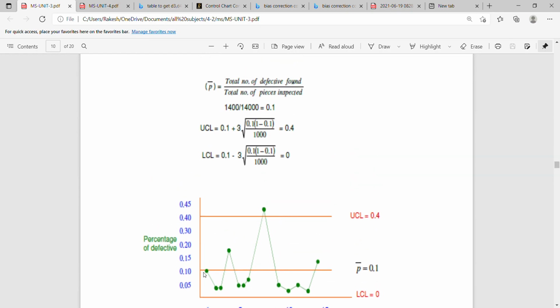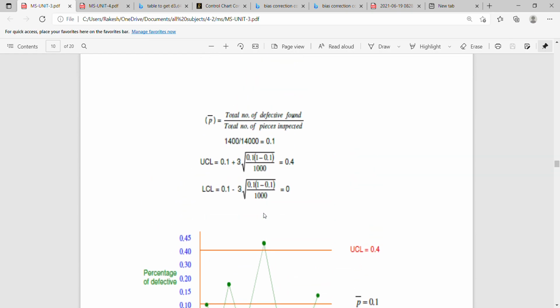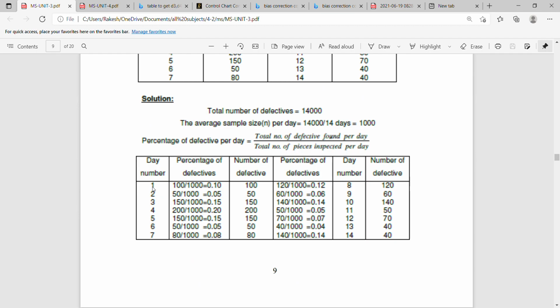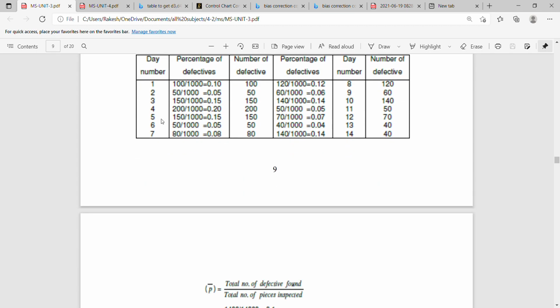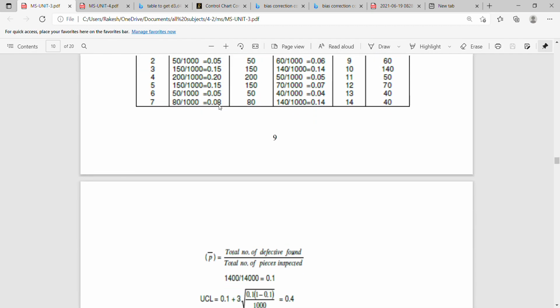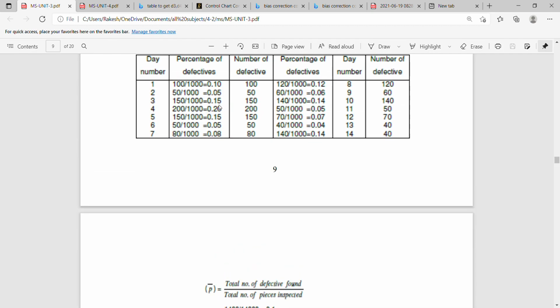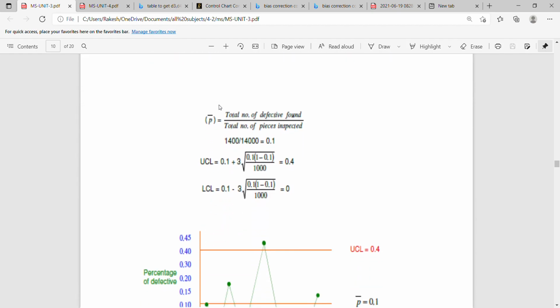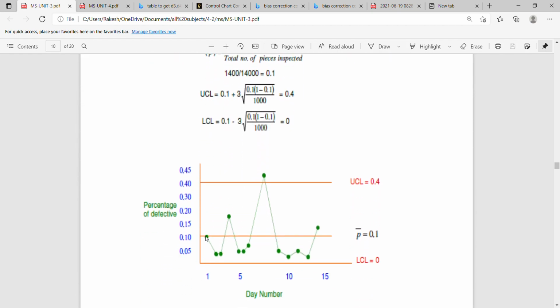The remaining green path is plotted as follows: for day 1 the percentage of defects is 0.10, for day 2 it is 0.05, for day 3 it is 0.115. All of those should be plotted and connected one by one. And this is the graph.